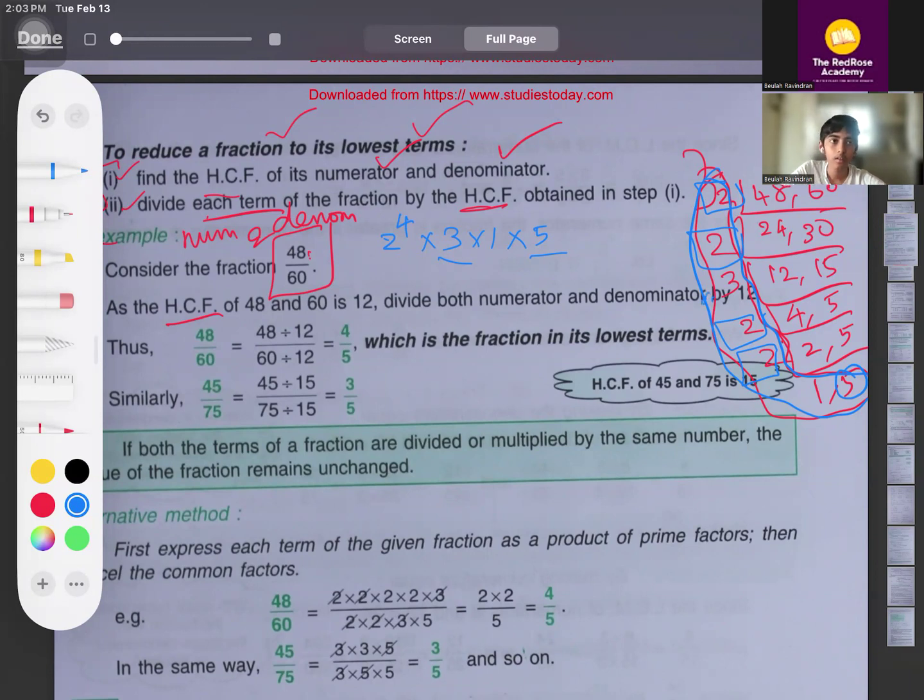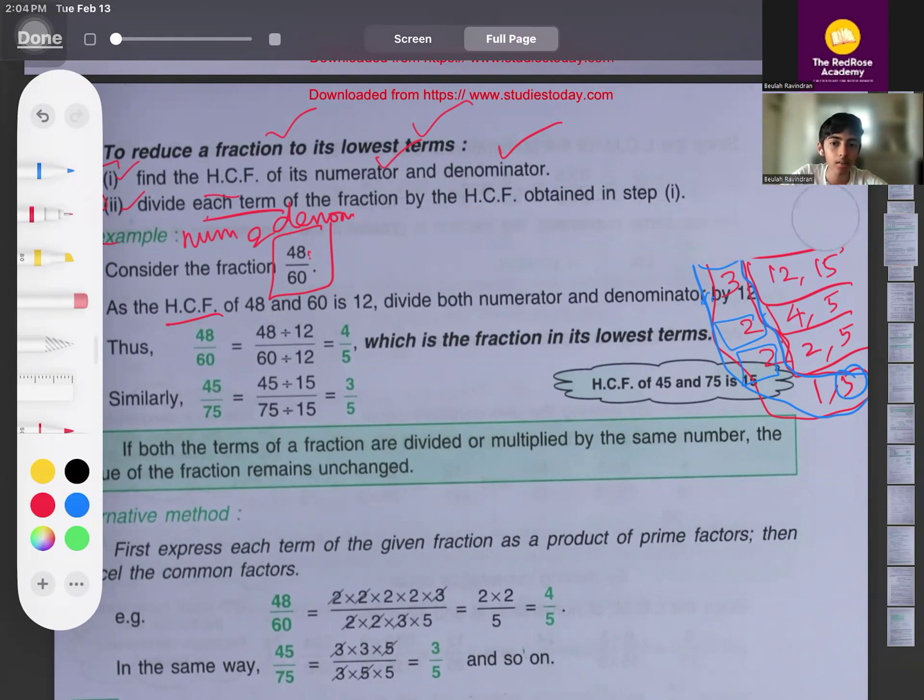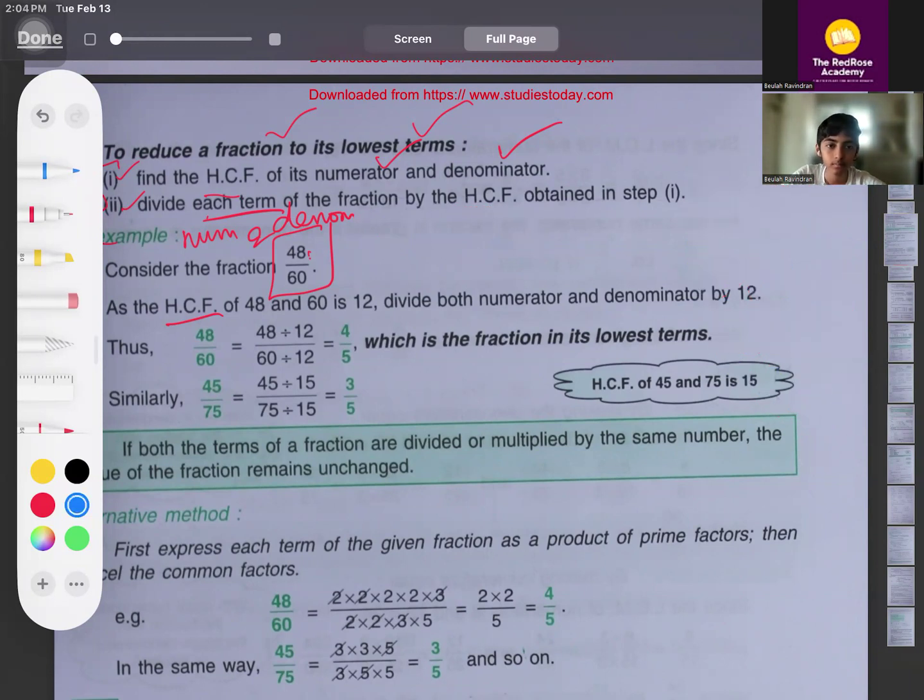How can you find the HCF? For finding the HCF, you have to write all the factors of 48. You have to divide individually like this. 2, 24. 2, 12. 2, 6. 2, 3.